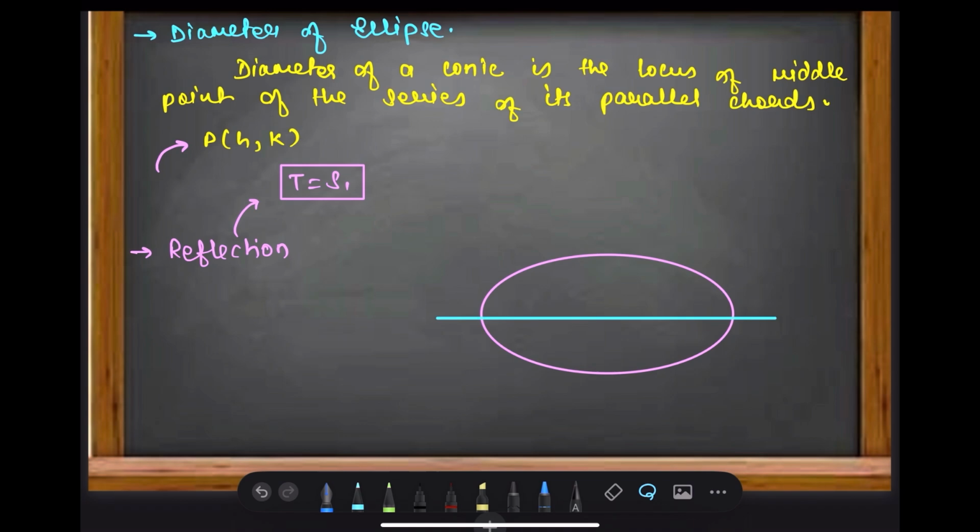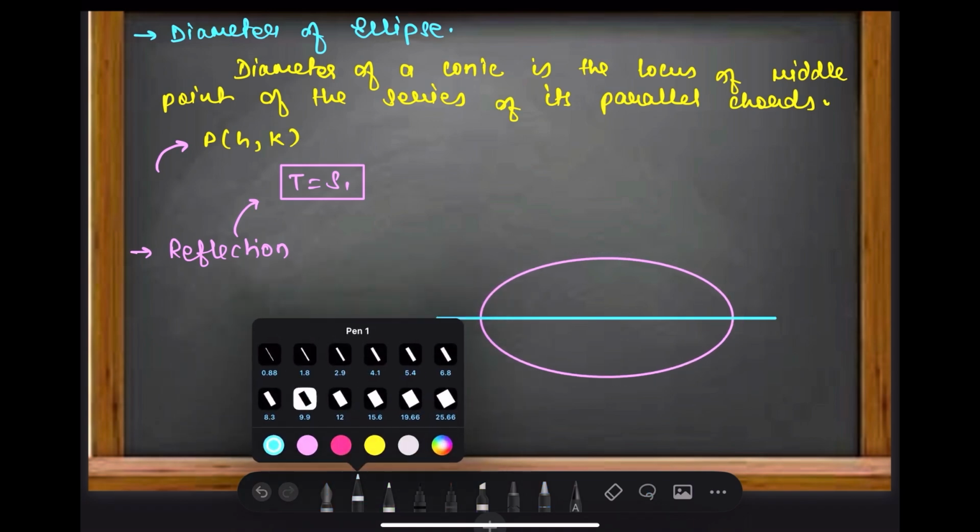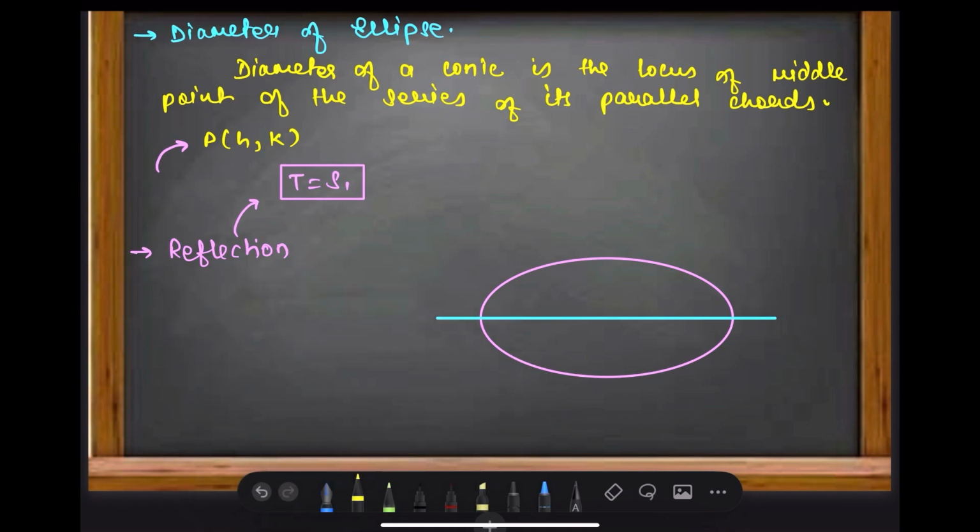Wait, I'll adjust a little bit. Now look at this. Suppose that it is foci. So if you have a ray of light passing through foci, okay, after striking, it will pass through the foci, the next foci. Is it okay?